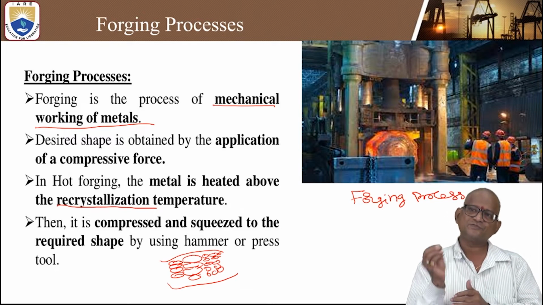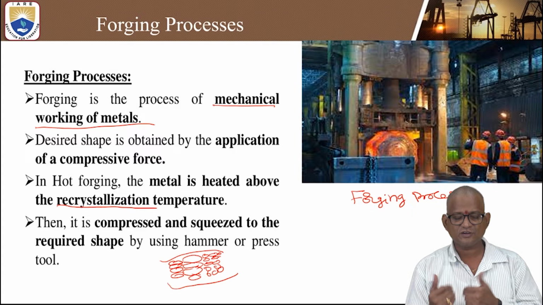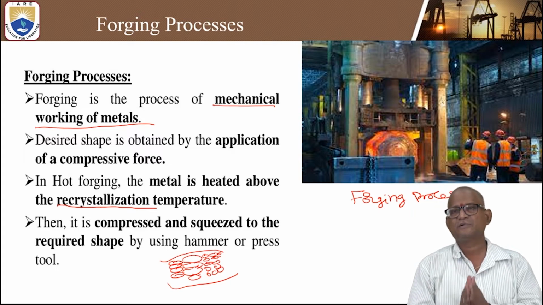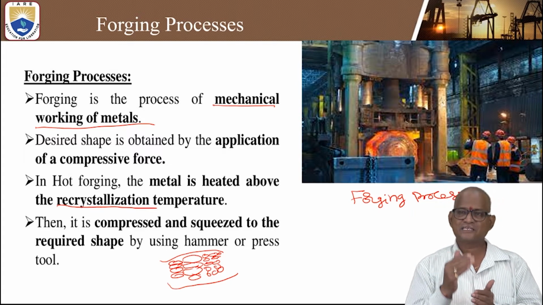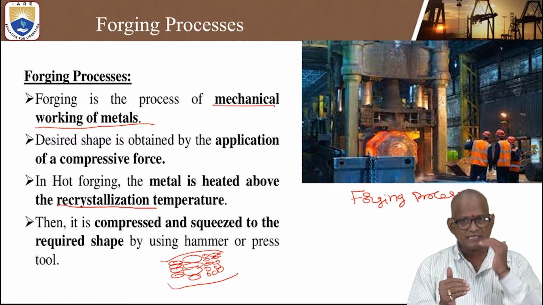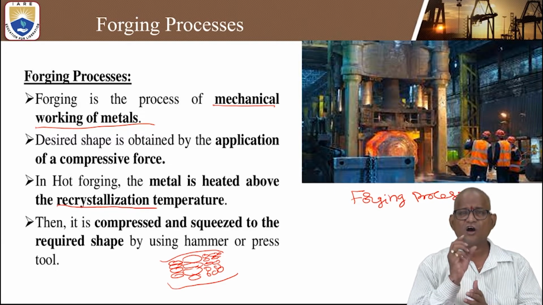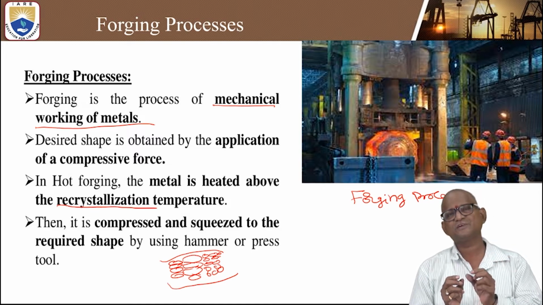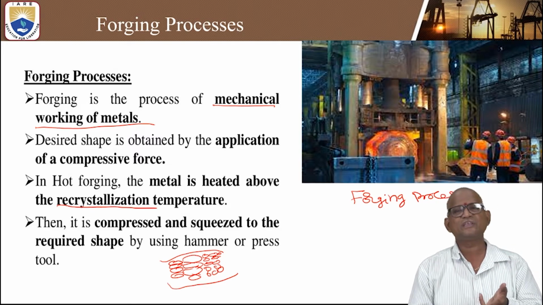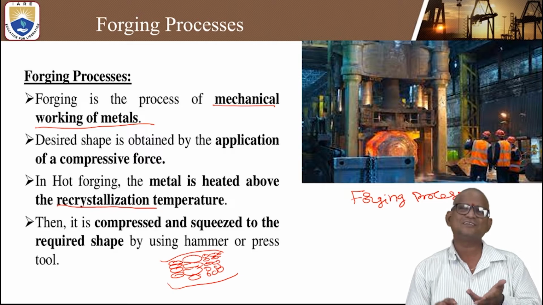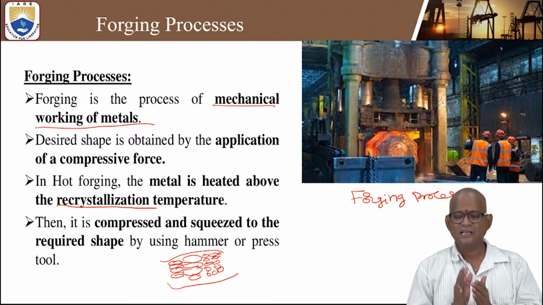The temperature at which recrystallization takes place is called the recrystallization temperature. Hot working means heating the metal above its recrystallization temperature. In the hot working process, hot rolling, hot forging and hot extrusion are there. Let us discuss hot forging.